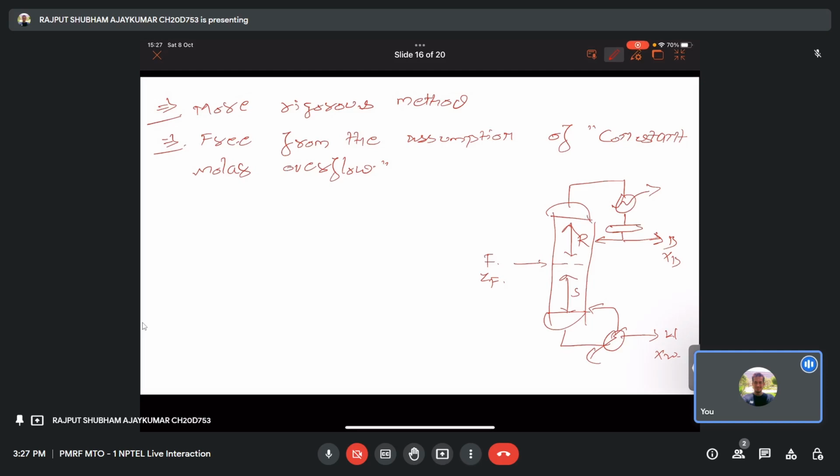So if you consider the rectifying section, consider the material and energy balance. The total material balance for the rectifying section: I'm just writing out the basic equations for the gas and the liquid.